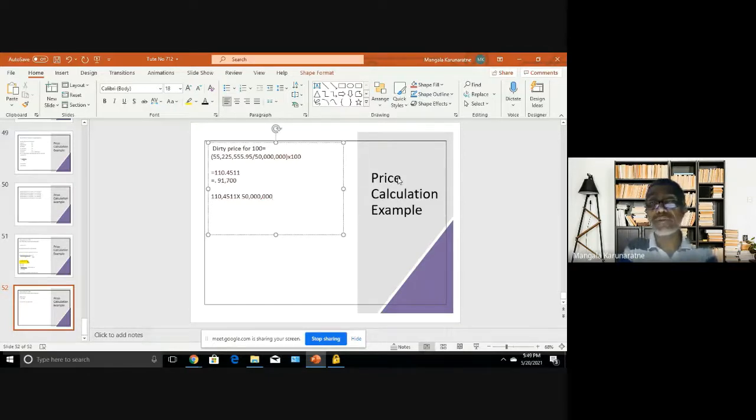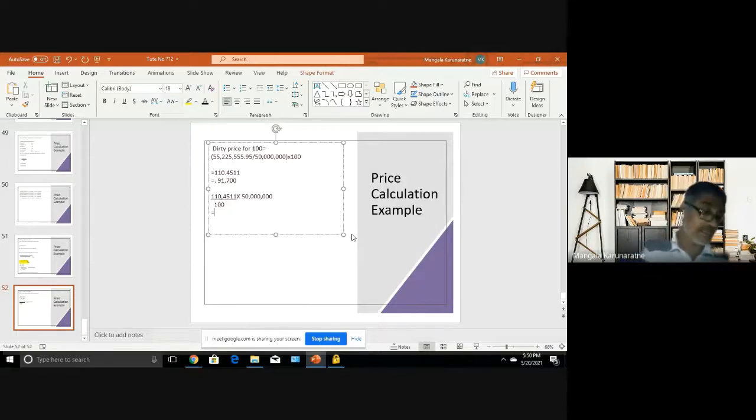So when I multiply it by 50 million, this 110 is for 100 units, so this has to be divided by 100 to get for 1 unit. So we are trying to calculate for 50 million. You divide this by 100 and multiply it by 50 million, then you get the dirty price of this bond.